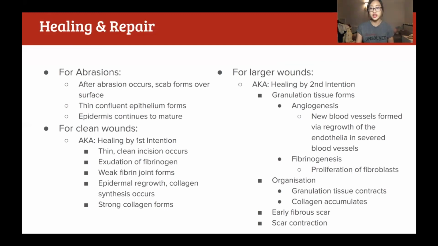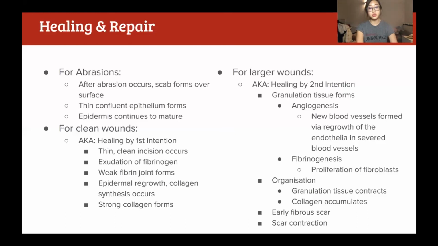You would have learned that in the tissues session. And then a strong collagen forms in the wound, which eventually becomes regular tissue. So the prognosis for such a clean wound would be very good, and it would heal very well.